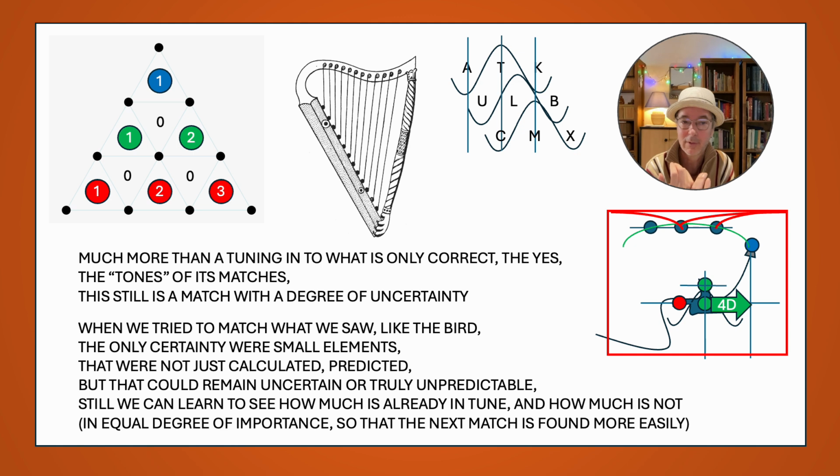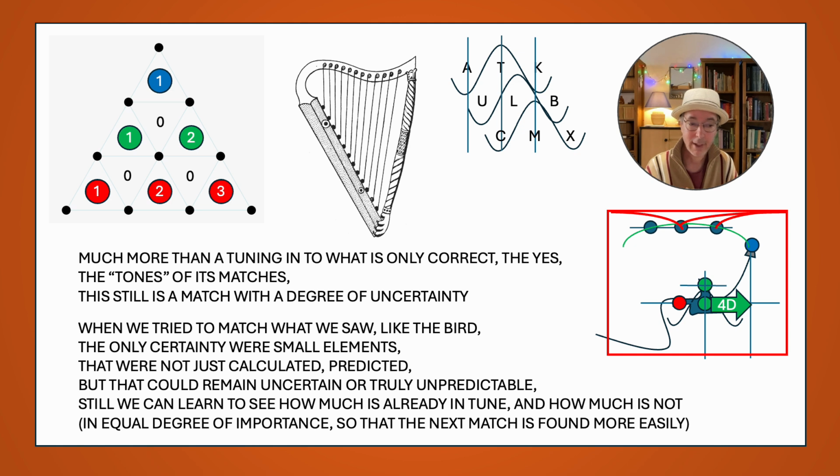That's what we know. That's exactly what we know. And when we only focus on that, the tuning in will be very quickly in our mind, and we can follow it very, very quickly. And we can follow what is happening. So much more than a tuning into what is only correct. The yes that we predicted, if we follow the no, then we come automatically to the yes.